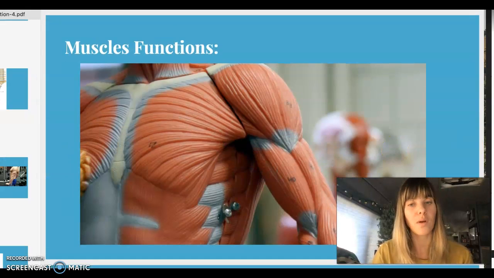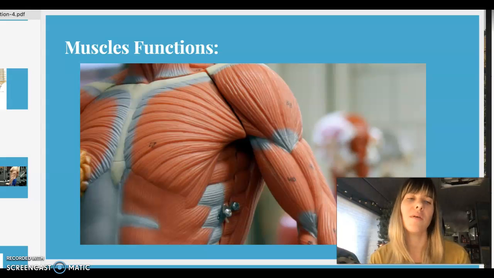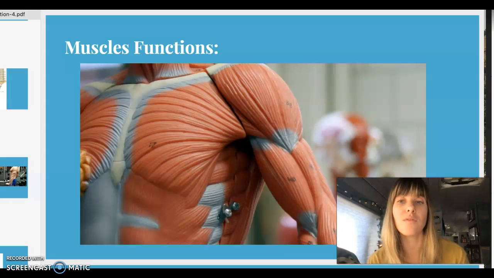So we want to move forward into actual muscles and their function. The muscular system is composed of specialized cells called muscle fibers, and their predominant function is contractility, so to contract. Muscles attached to bones, internal organs, and blood vessels are responsible for movement.